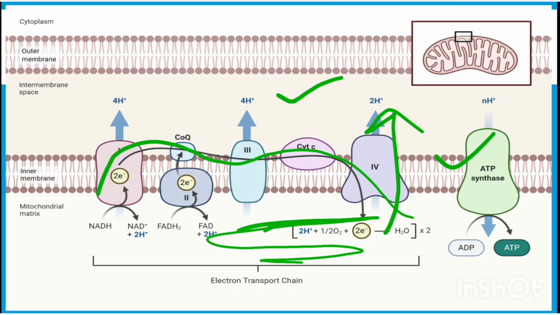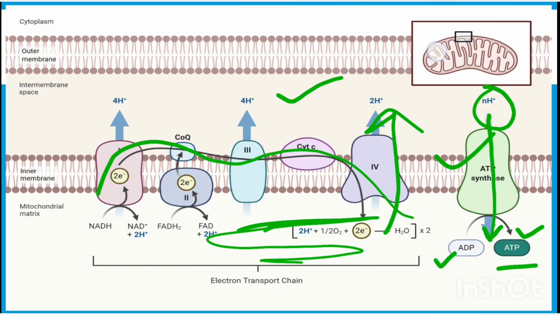So to maintain equilibrium, those protons again enter the matrix through the ATP synthase system, and during their transportation ADP is converted into ATP. Okay, so that is the whole concept of oxidative phosphorylation.